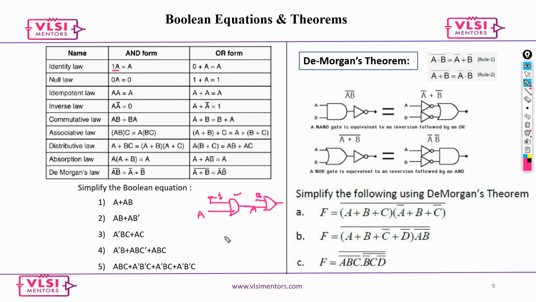Do you really need two gates, or can you get rid of the first gate and just have A and B? Yes, get rid of the first one. You can get rid of this whole thing and replace it with A. These theorems are very helpful when you want to optimize your circuit.